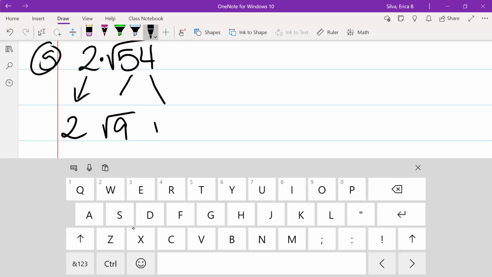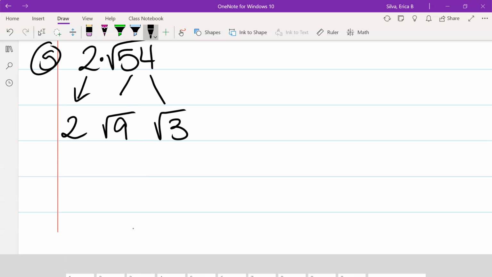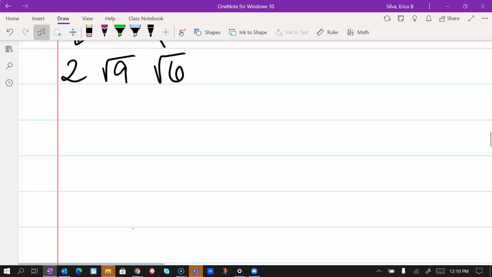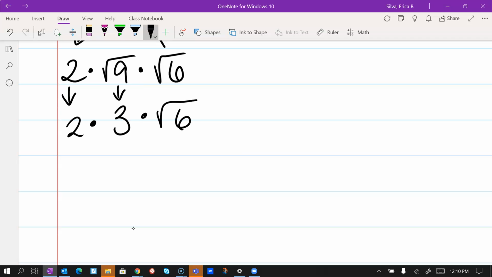Square root of 9 times square root of, not 3, what was it? Times square root of 6. So that square root of 9 is equal to 3. Remember, we're still multiplying. We bring down this 2, and then we bring down the square root of 6.